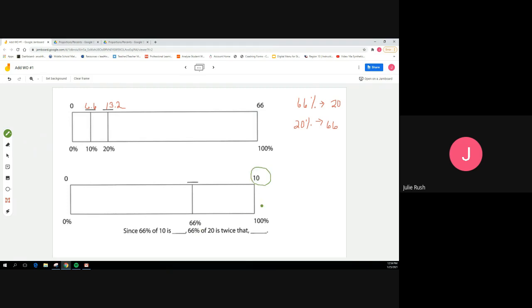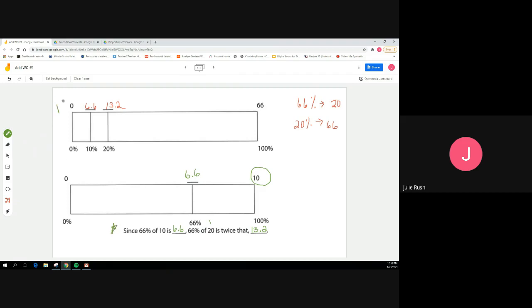So you would get 6.6. So if 66% of 10 is 6.6, then 66% of 20 would be double that. And so that would be 13.2. I don't love this method, guys.